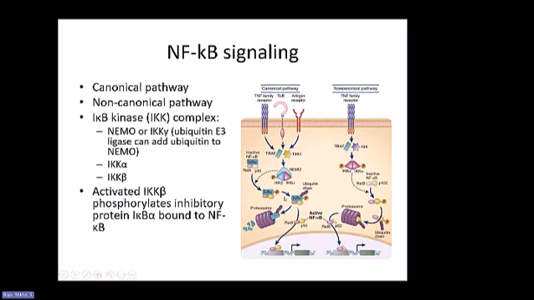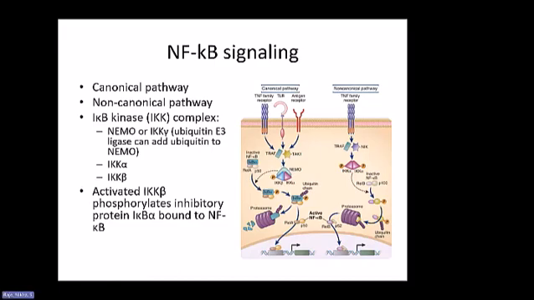For it to go to the nucleus, it has to be released from its inhibitor, and that inhibitor has to be phosphorylated for it to release the NF-kappa B. The enzyme that helps to release the inhibitor of kappa B is called IKK or I-kappa B kinase complex. Again, it's a kinase, so it's going to add a phosphate molecule.